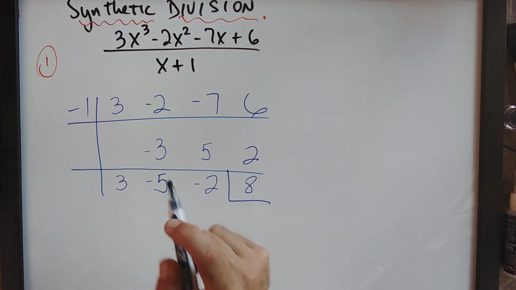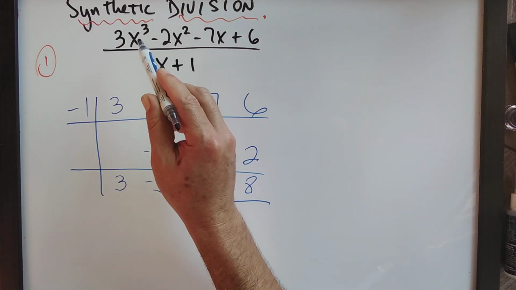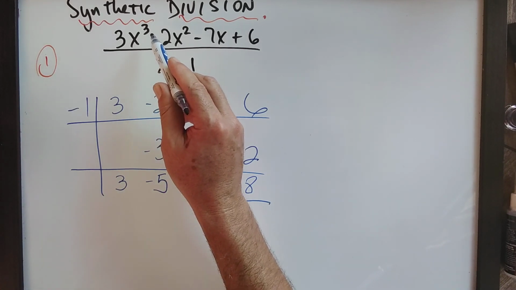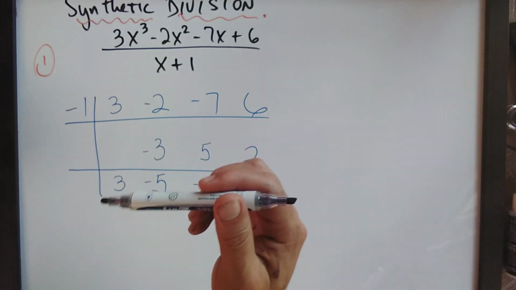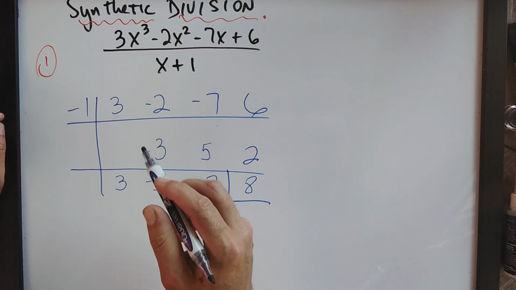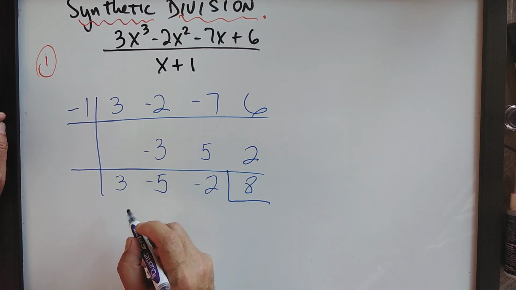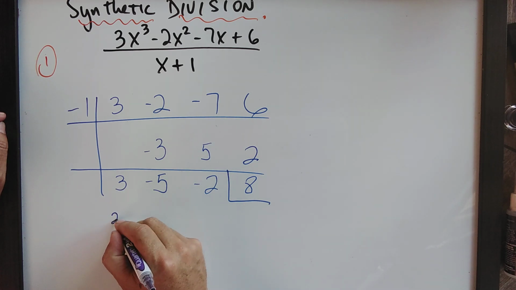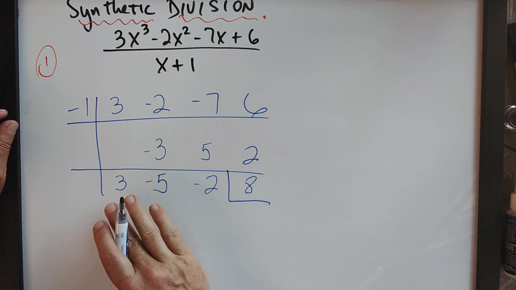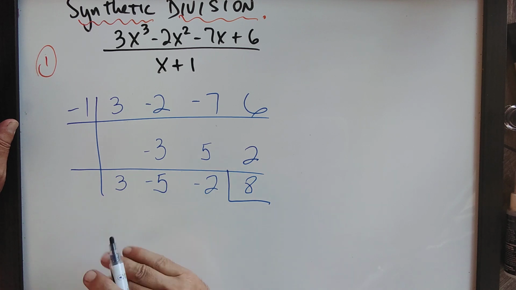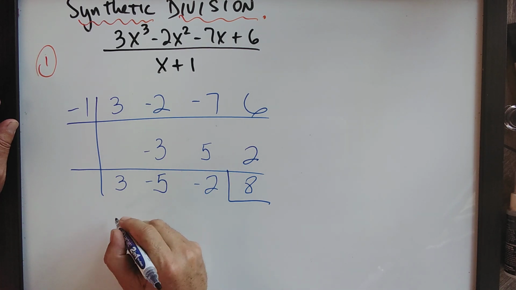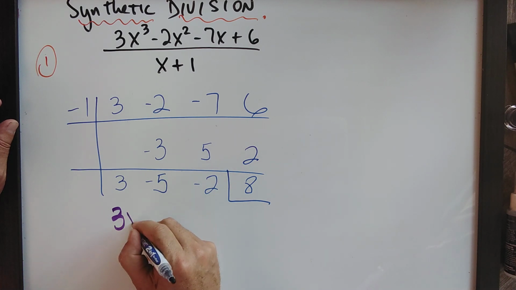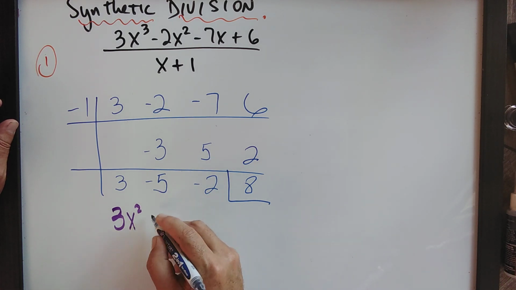See how the highest exponent here is the 3, right? So you're just gonna go 1 down from there. So you're gonna be x squared. So you're gonna start from the 3. These are the coefficients for my answer. So you're gonna have 3x squared, like I said, and then -5.